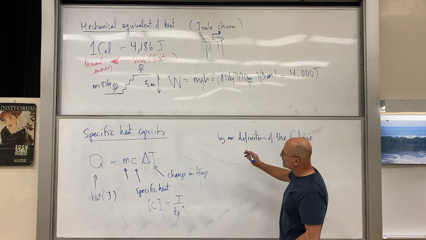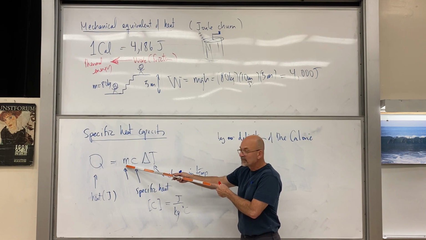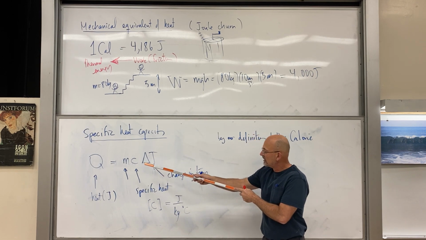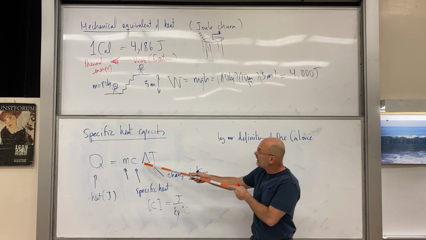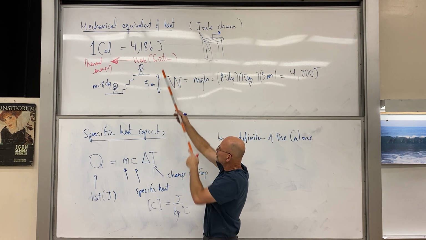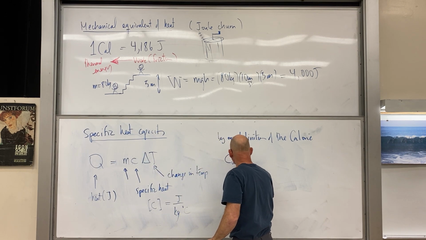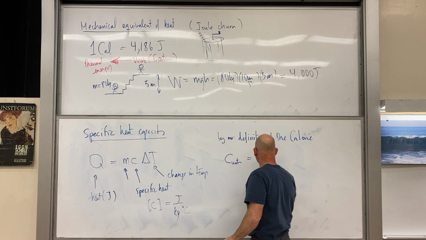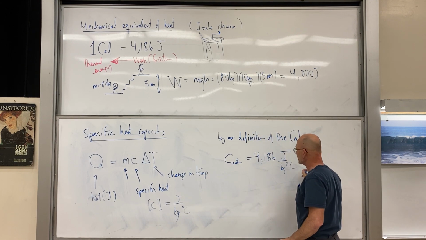Now, by our definition, if we have 1 kilogram of water and 1 degree Celsius increase, that's going to be 1 calorie, which is 4,186 joules. So immediately we know specific heat of water equals 4,186 joules per kilogram degree Celsius.